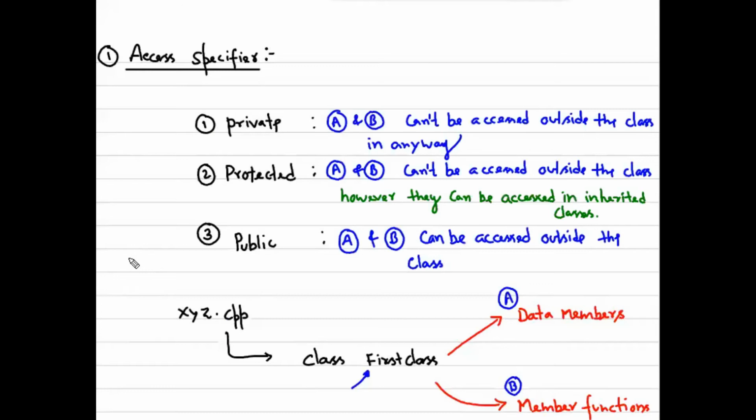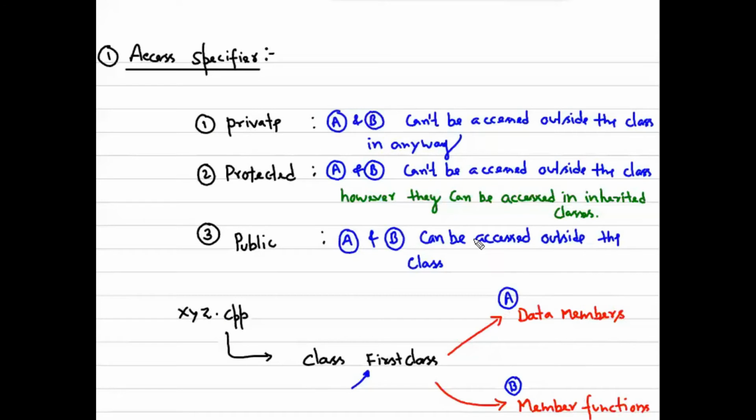In the case of private, A and B, these data members and member functions cannot be accessed outside the class. So if the members of your class are private, it means the data members and member functions cannot be accessed outside the class.